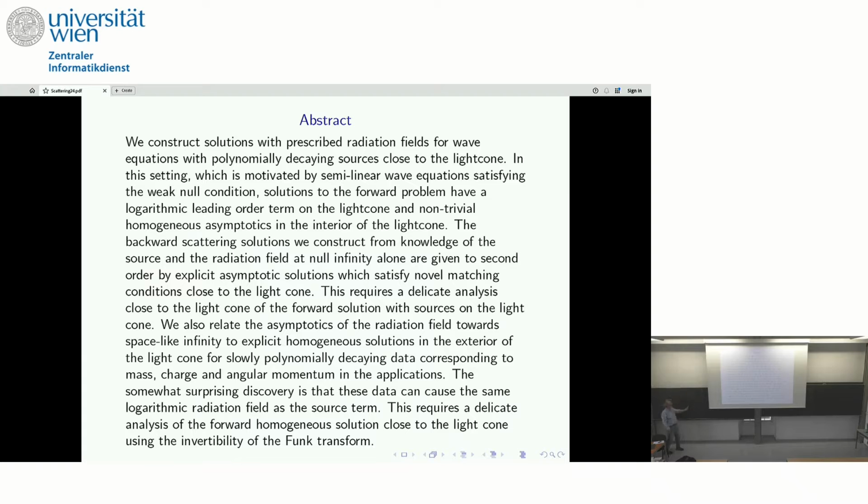There'll be some corrections at infinity, and in examples, like for Einstein's equation, it's proven that you have a logarithmic correction to the behavior.